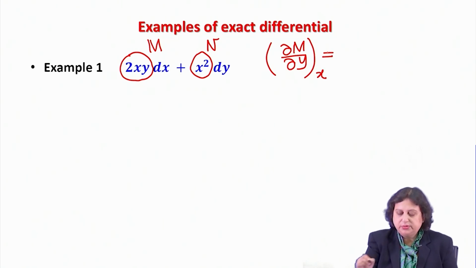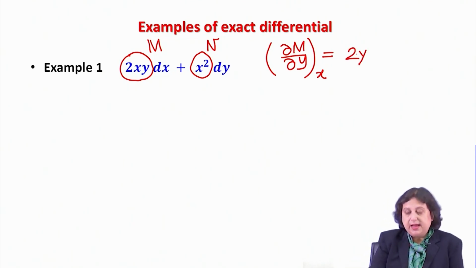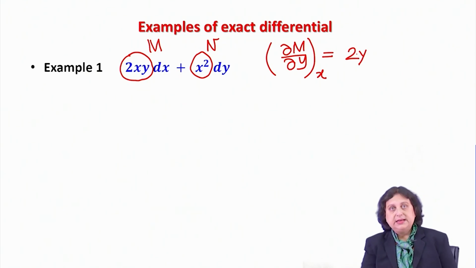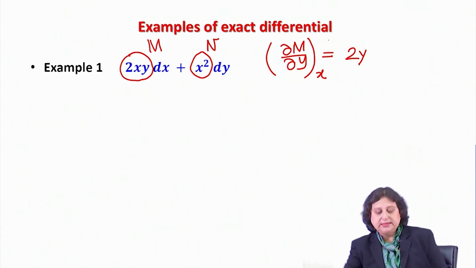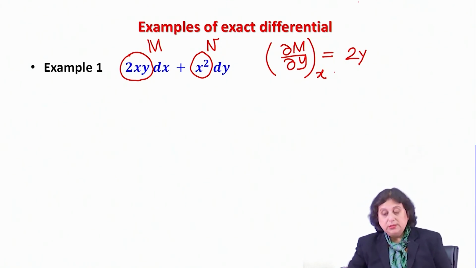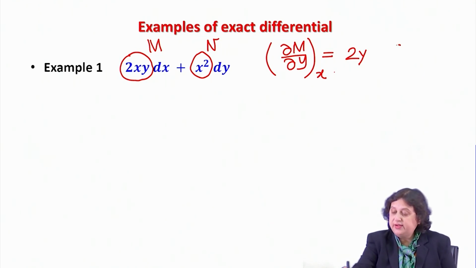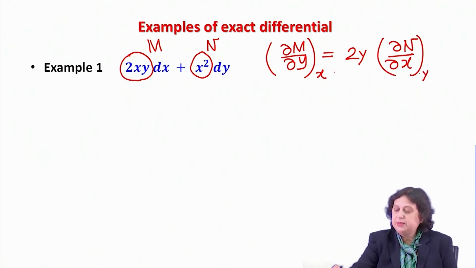That is equal to 2x times 1, so the answer is 2x. Similarly, I can find out ∂N/∂x keeping y constant.